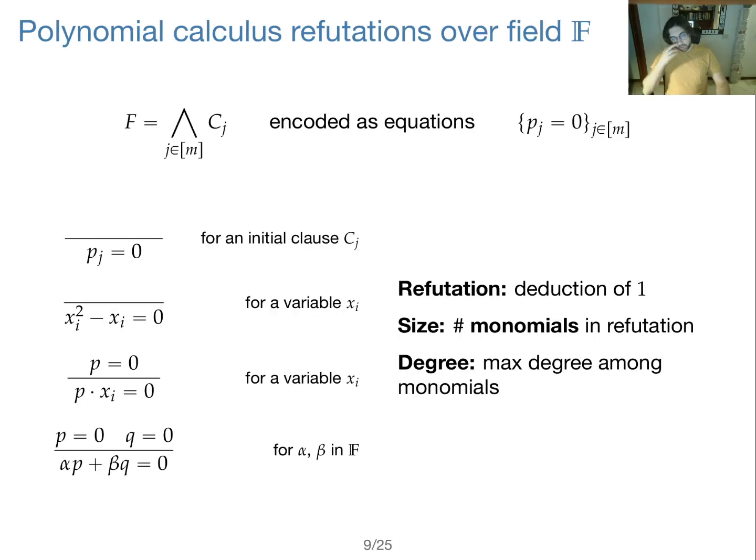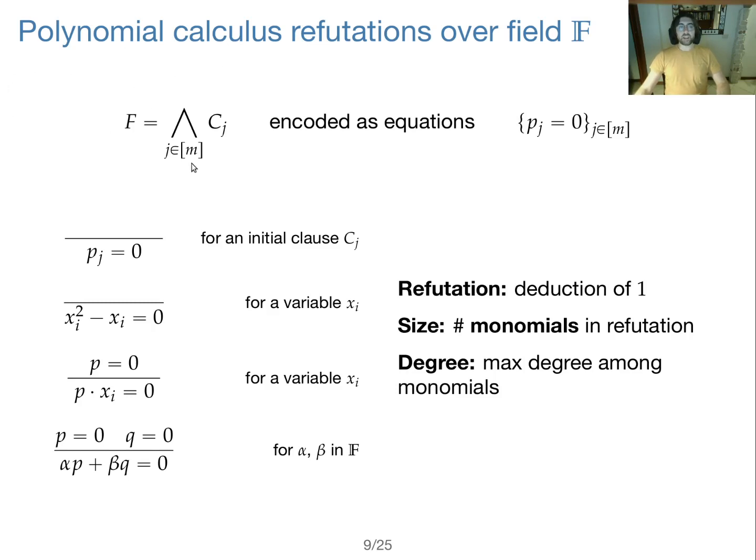Let's go on and specify more precisely what I mean by algebraic reasoning. Here we have the formal definition of polynomial calculus. Polynomial calculus is a proof system defined on a specific field.